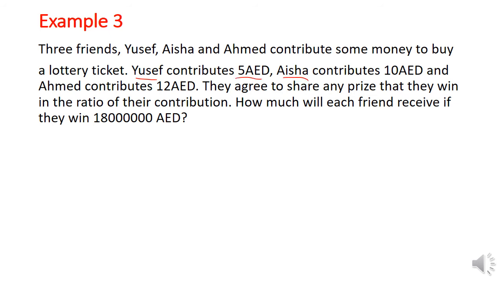Aisha contributes 10 dirhams, and Ahmed contributes 12 dirhams. They agree to share any prize that they win in the ratio of their contribution. So a big question is, how much will each friend receive if they win 18 million dirhams?